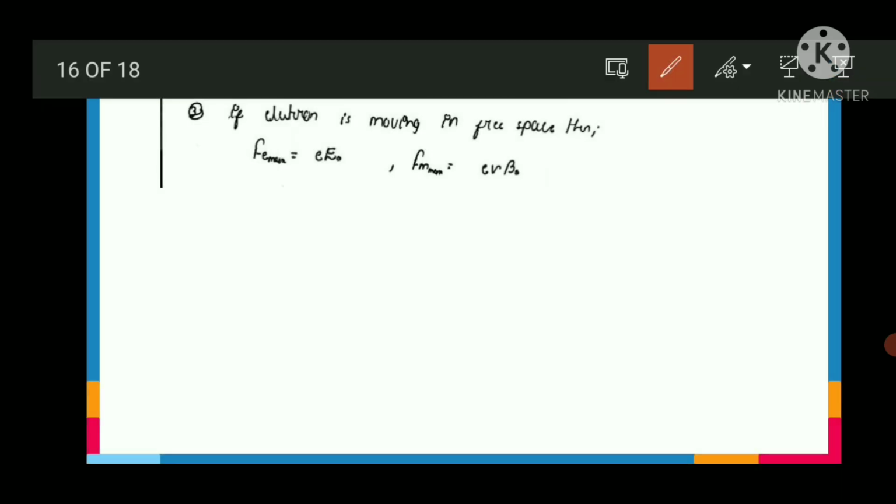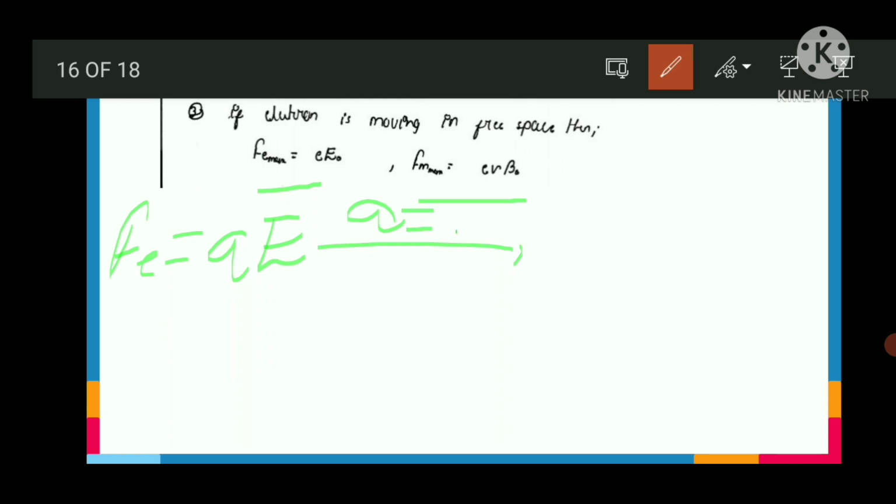One more concept: if an electron is moving in free space where we have a plane electromagnetic wave, what will be the maximum electric force and maximum magnetic force that can act upon it? I have written the answer. Let's see how. Electric force equals Q into E. For an electron, Q equals e, and for maximum, E equals E naught, so it equals e E naught.